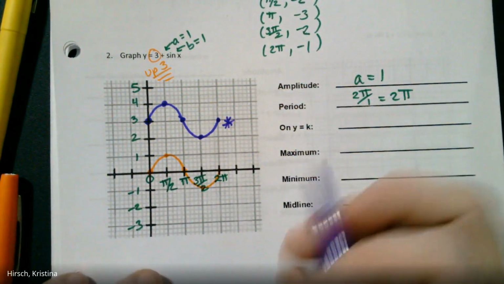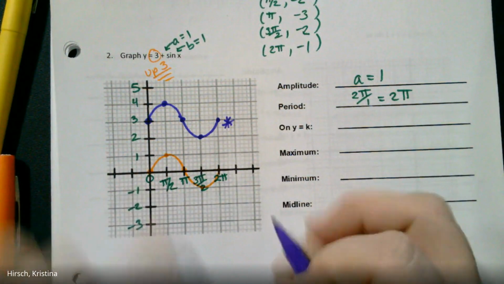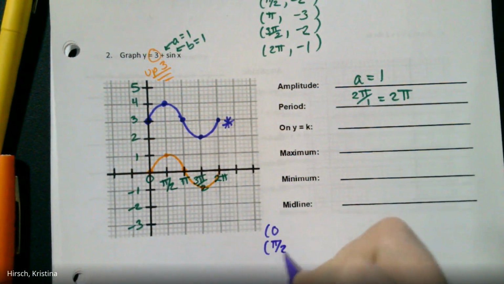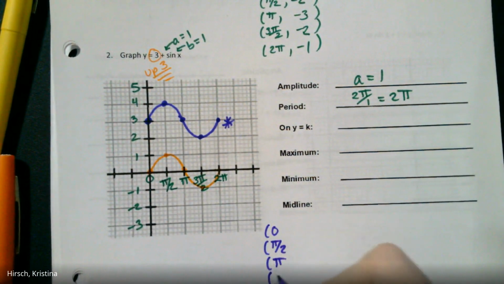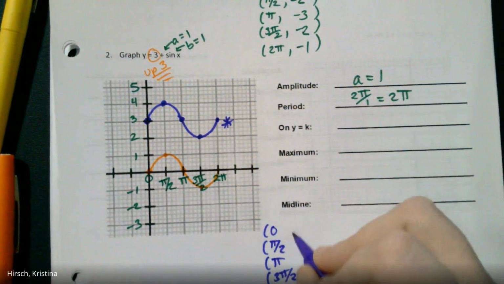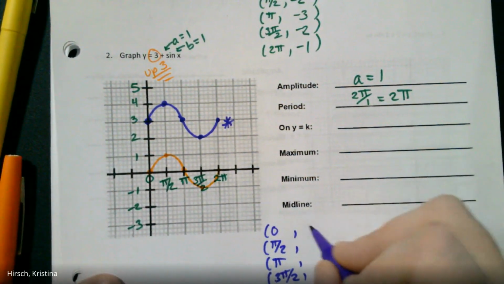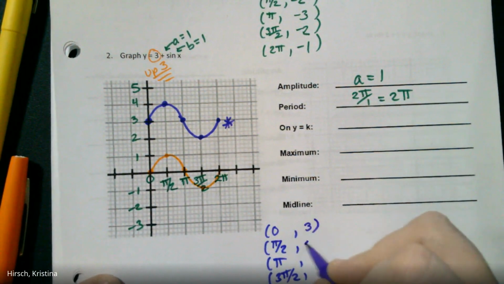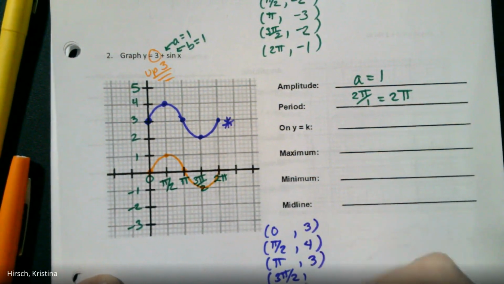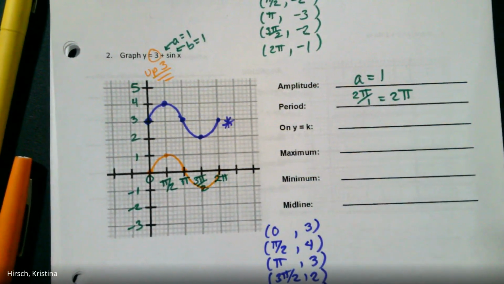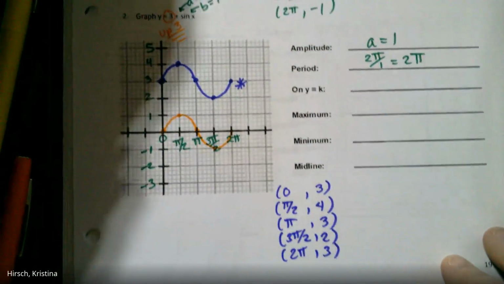Again, I could have easily done my x's, 0, pi over 2, pi, 3 pi over 2, and 2 pi. And for simplicity's sake, if I would have done that, this would have been 3, this would have been 4, 3, 2, and 3. Okay, is what you would have gotten if you did do that in your calculator.